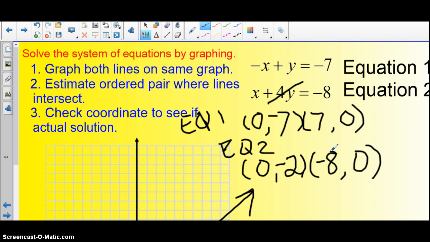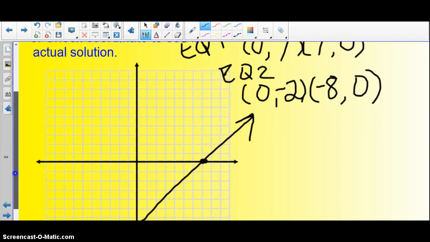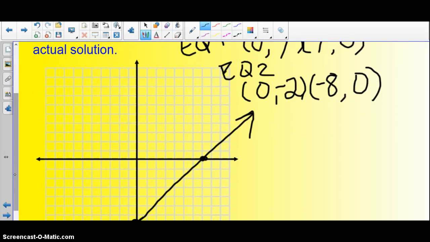Because 4 times 0 is 0, and it just tells you x is equal to negative 8. So now I have these 2 coordinate points for my second equation. I've got 0, negative 2, a line there, and negative 8, 0. And then when I draw these lines, you're going to see that they intersect.